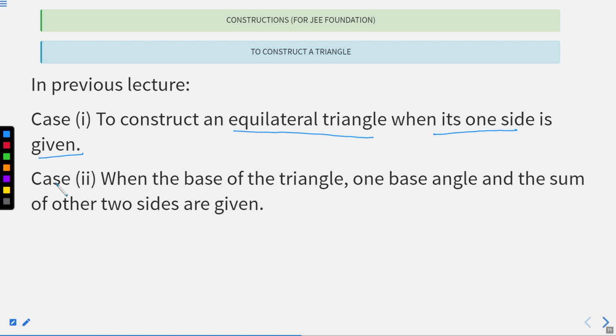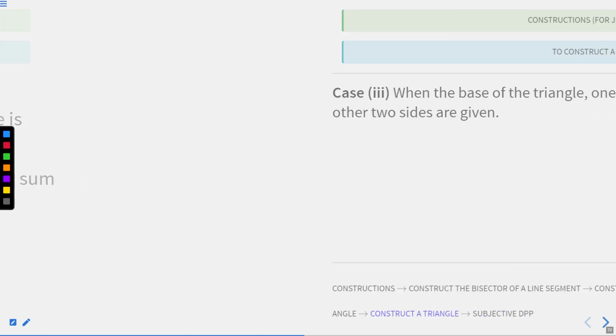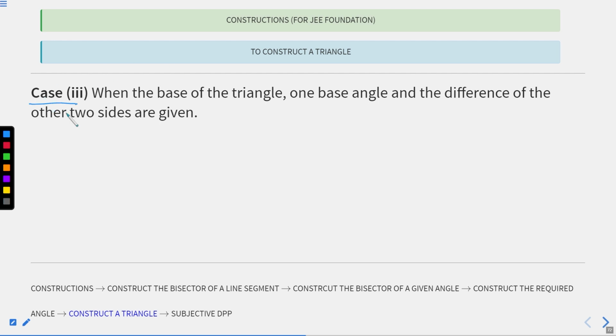And the second case, when the base of a triangle is given with one base angle, and also the sum of the other two sides is given. In today's class, we will be seeing the third case in which the base of the triangle is given, one base angle is also given, but here the difference of the other two sides is given.